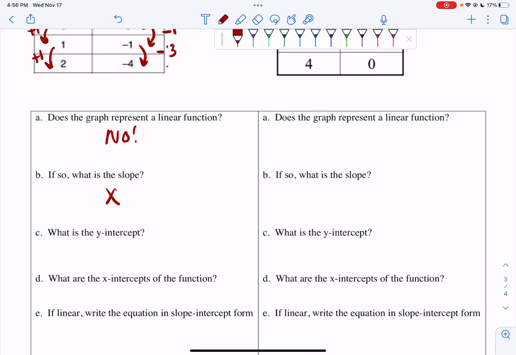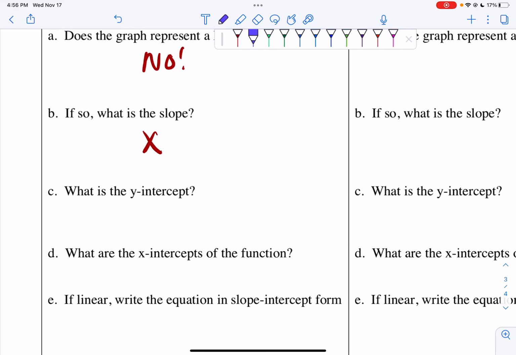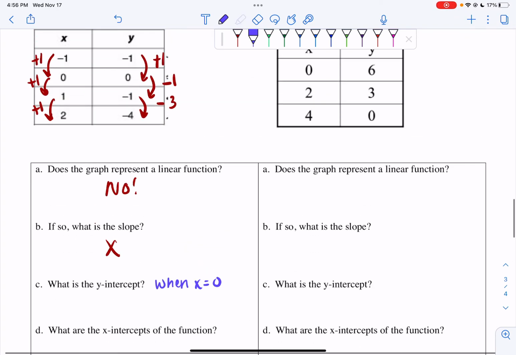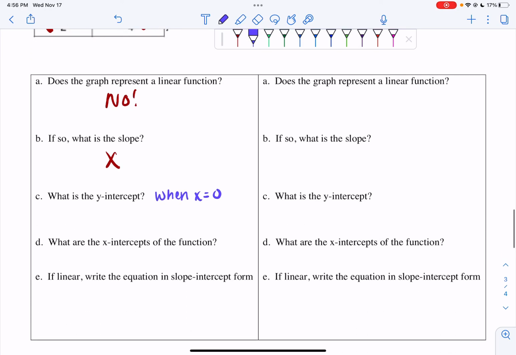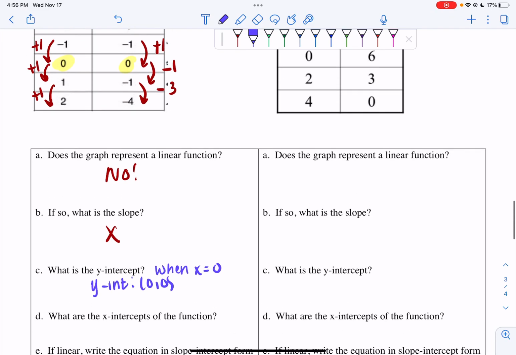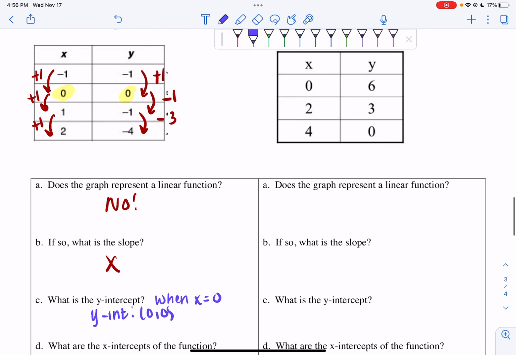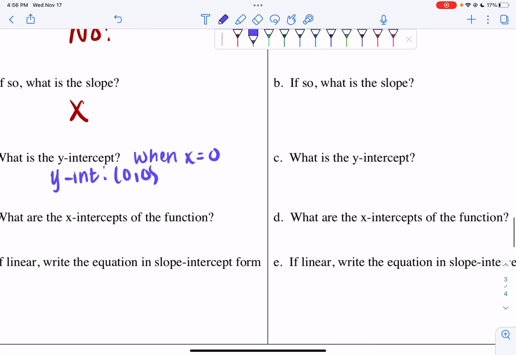Now my y-intercept is when x equals 0. So if I look, x equals 0, I get 0. So my y-intercept is just 0. Now my x-intercepts are when y equals 0.